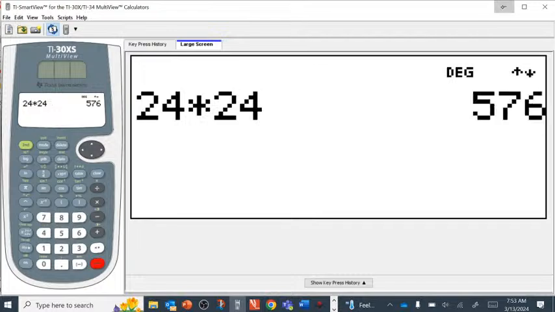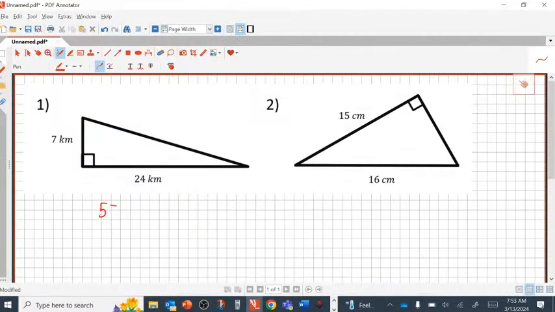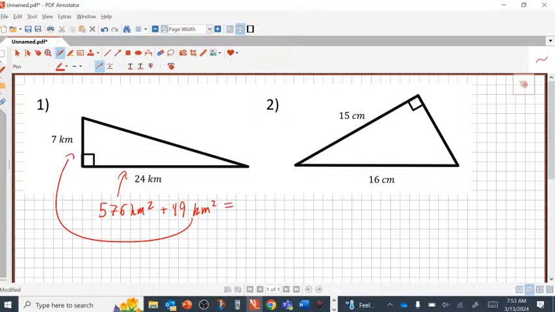So that's 576 kilometers squared. And that's for the square that we make here. And then that's plus the 49 kilometers squared. And that would be this guy right here. And what does that equal when you add those up? 625 kilometers squared, which is the area of the square on the hypotenuse there.